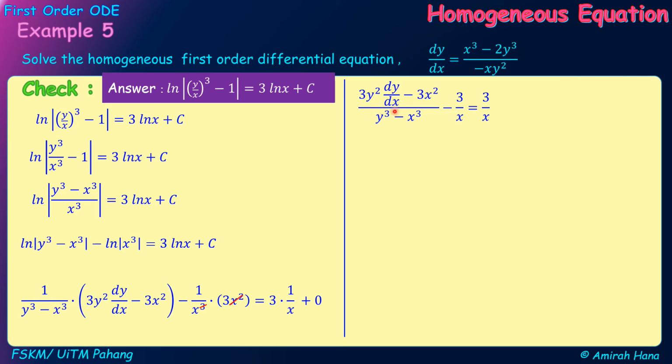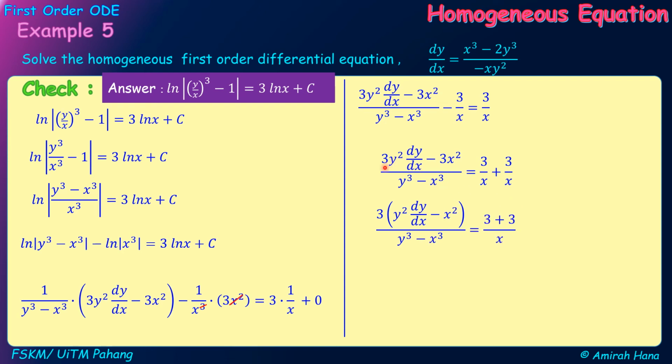Right, so to write dy over dx as the subject, first we can move negative 3 over x to the right hand side, so we get plus 3 over x. Then we can factorize the constant 3 here. So we get 3 in bracket y squared dy over dx minus x squared over y cubed minus x cubed equals, from the right hand side, we have the same denominator, so we can combine the denominator.